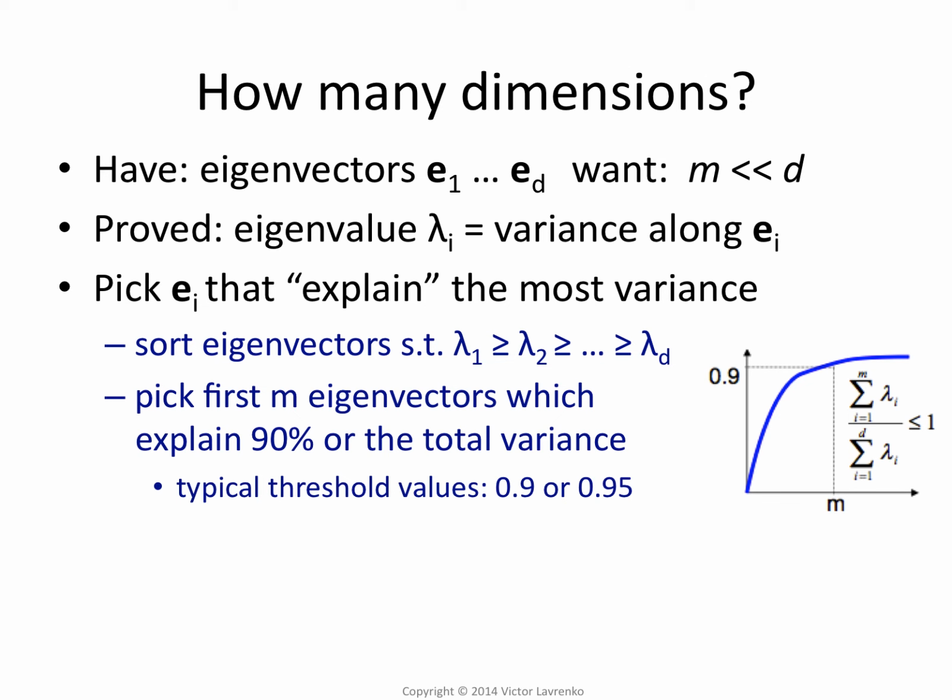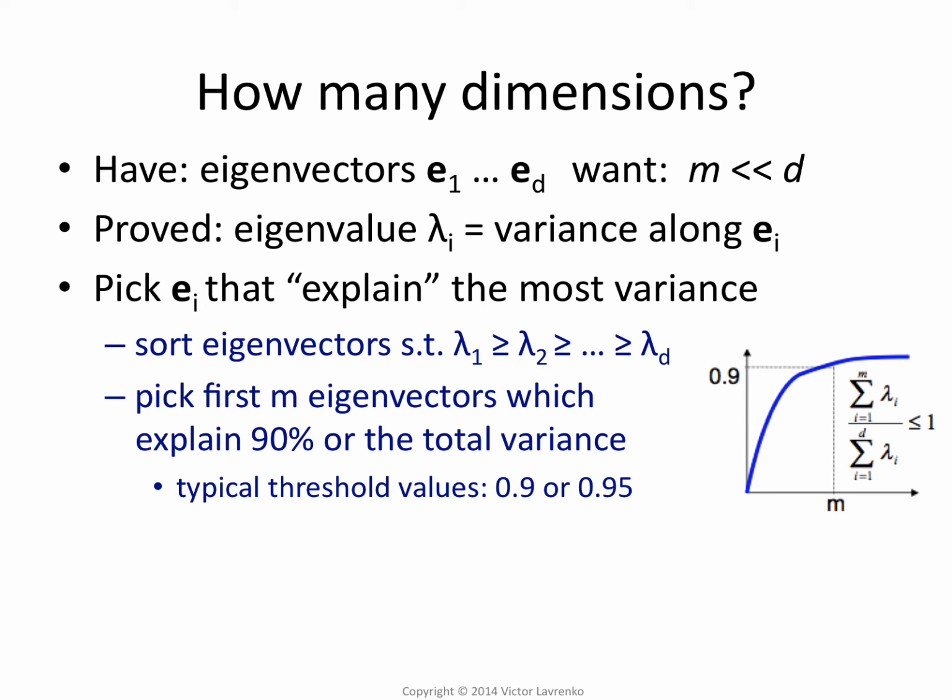So the sum of all eigenvalues is going to be just the total amount of variance, and the sum of the first m eigenvalues divided by that is what proportion of the variance, what percentage of the variance, you capture by taking just the first m eigenvalues, just the first m eigenvectors, as your new dimensions of space.